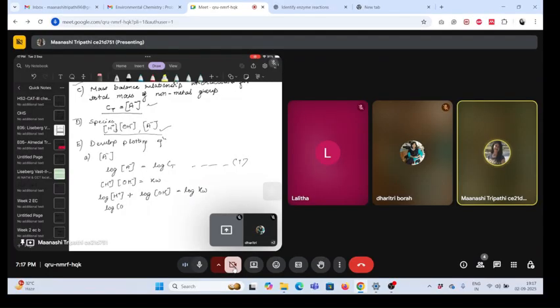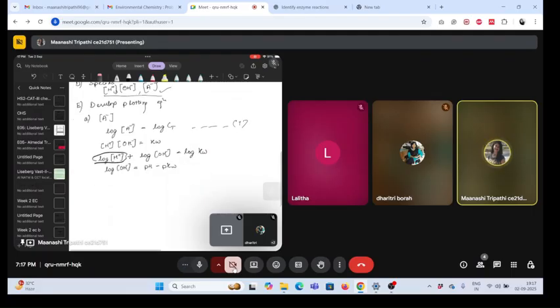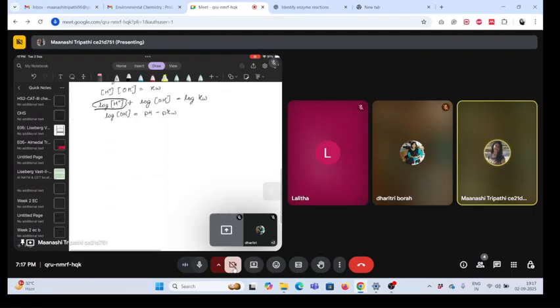Log OH minus is equal to pH minus pKw. What is pH? Negative log of H plus. Just to make it negative, we will get log OH minus is equal to pH minus pKw. After doing all these things, we will get a set of equations.